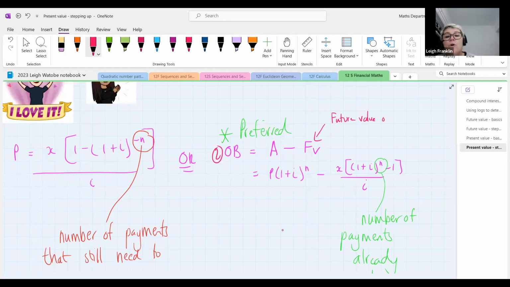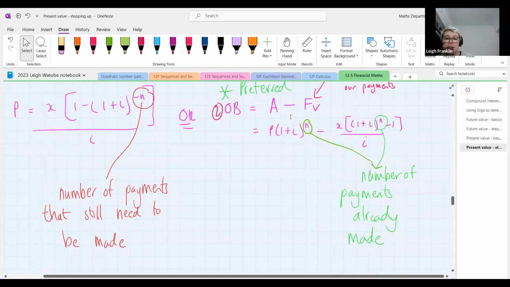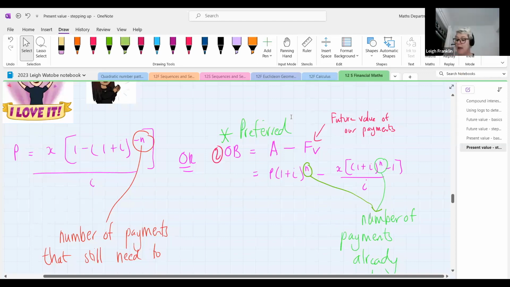N here needs to be the same in both. N represents the number of payments that have already been made. So if we calculate it the second way, using A minus future value, then N represents the number of payments that have already taken place.